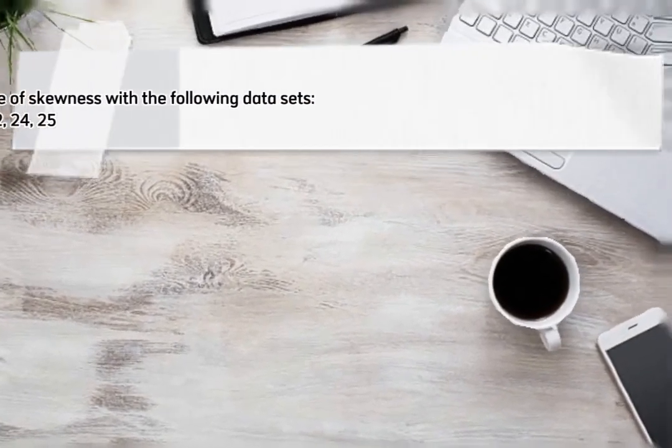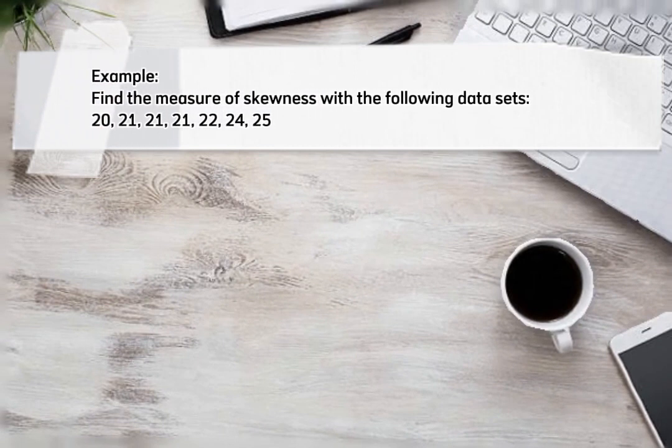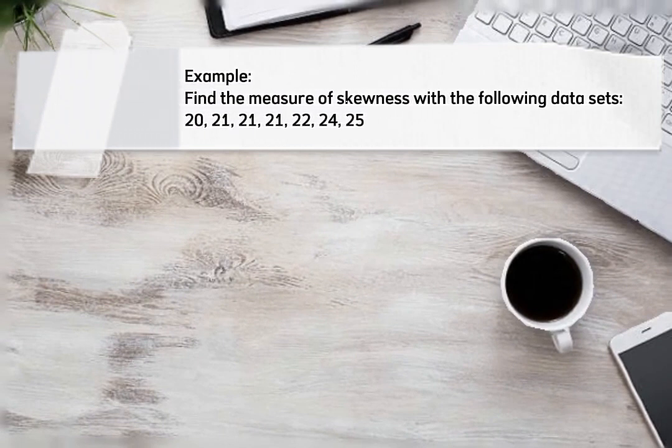Let's have some examples. Example: find the measure of skewness with the following data set: 20, 21, 21, 21, 22, 24, 25. Since there is a strong mode exhibited, we are going to use the Pearson mode skewness. We will look for the mean, mode, and the standard deviation.